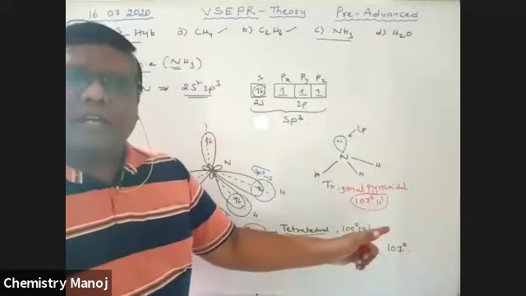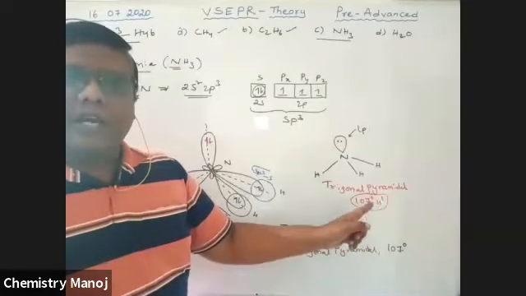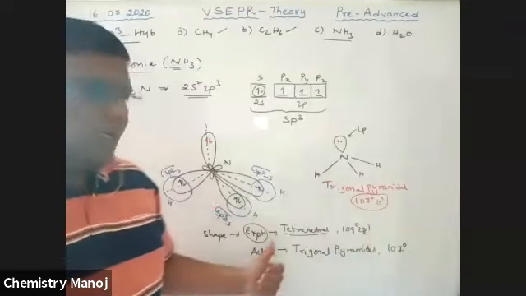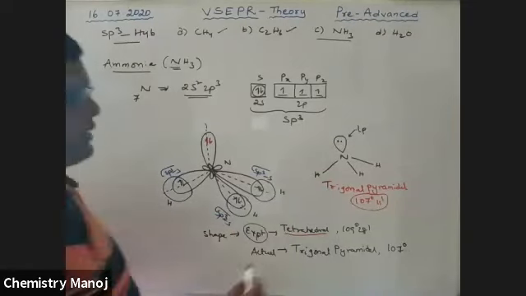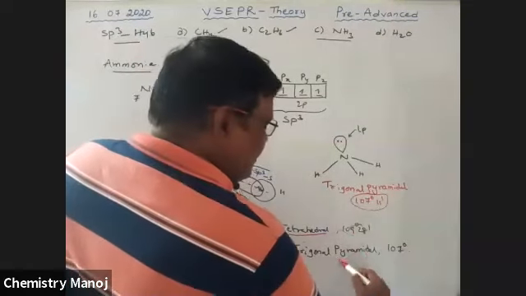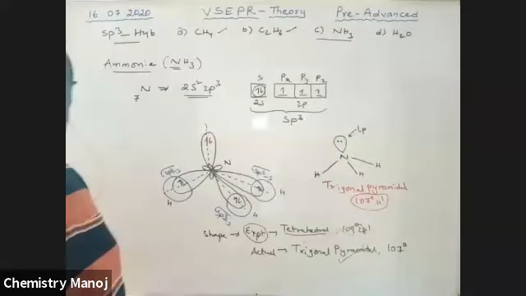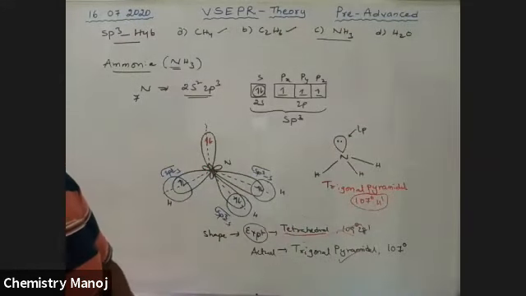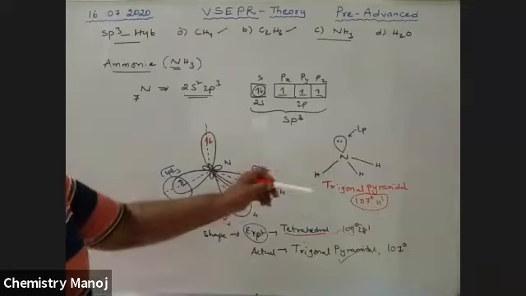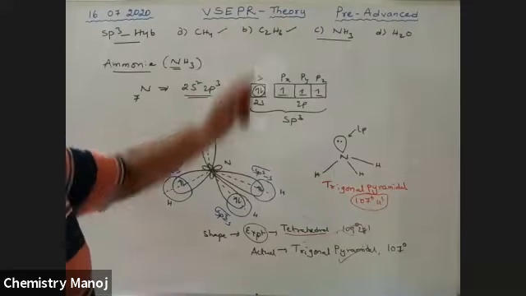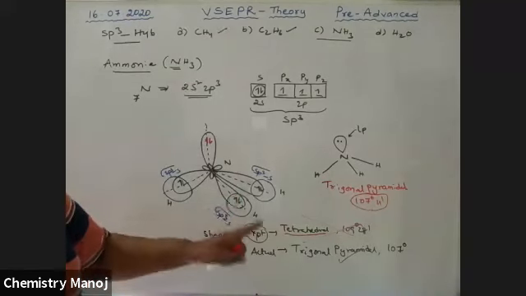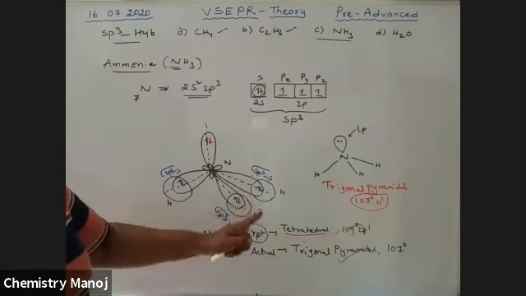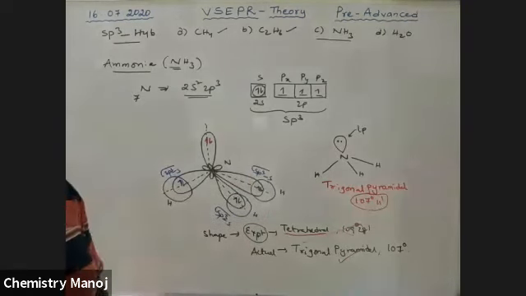Bond angle is 107 degrees 11 minutes, not 109 degrees 28 minutes. After completion of hybridization, I will start the VSEPR theory concept.